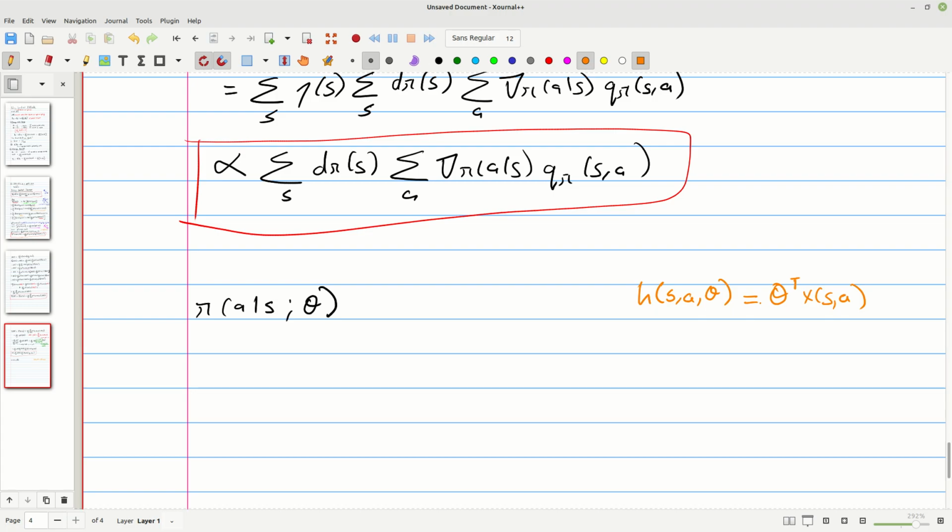But the point we're trying to capture is that we could have a softmax in action preferences. One way in which we could represent this function is to say it's e to the h of s comma a comma theta, divided by the summation over b of e to the h of s comma b comma theta.